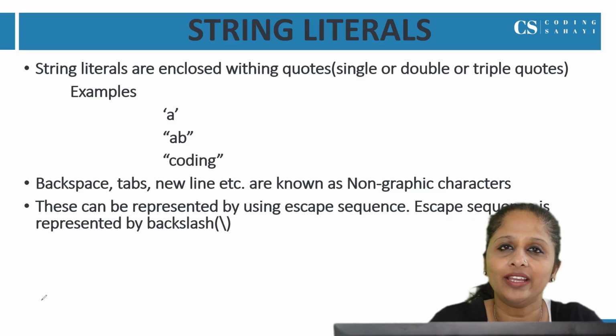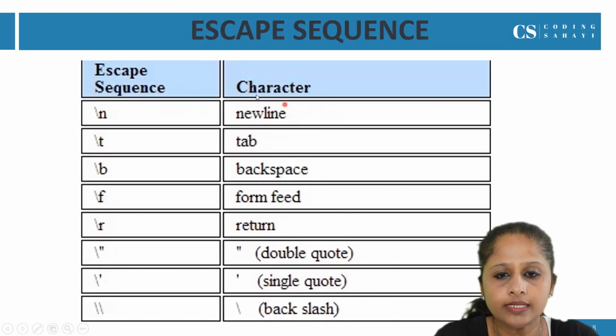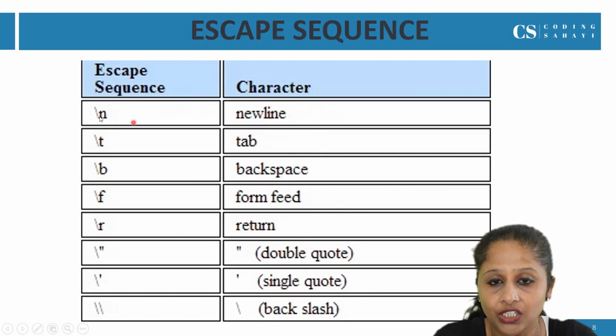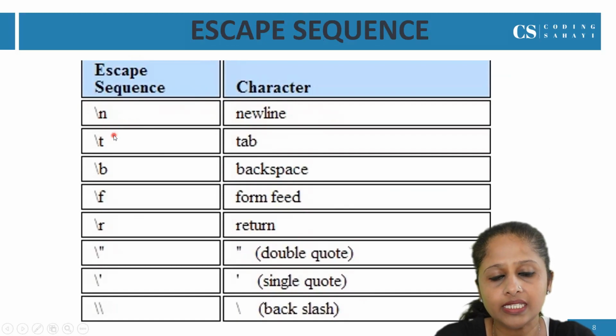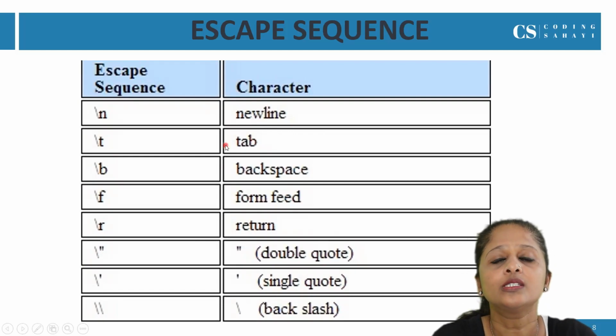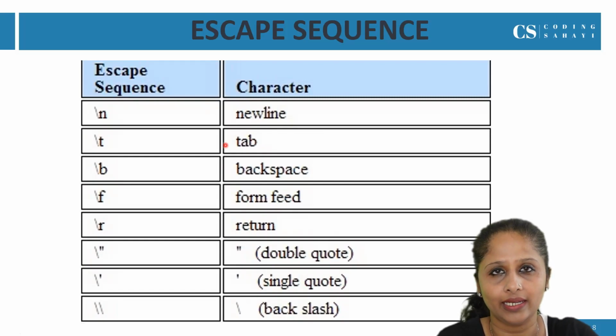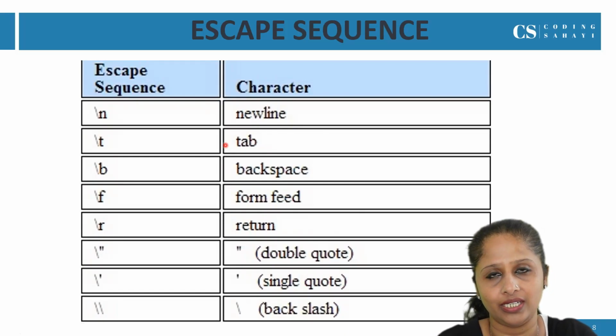So escape sequences are represented by backslash characters. Let's see what the escape sequences in Python are. These are some examples of escape sequences. The first one is slash n, that is backslash, don't give forward slash. It represents a new line. That is, while pressing the enter key, it goes to the next line. So while writing a program, if you want to give a new line in between a set of words, then we can use slash n.